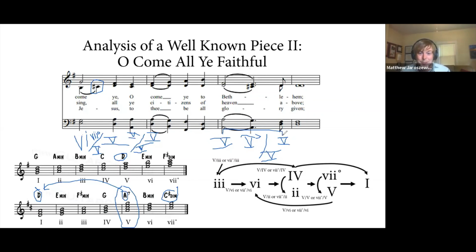You don't actually have to resolve. That's a very, very good question. So keep an eye out for that. If you see a bunch of major triads in a row, and it's like, well, diatonically, we should have some minor triads in here, it's probably the composer just stringing a bunch of secondary dominants together.